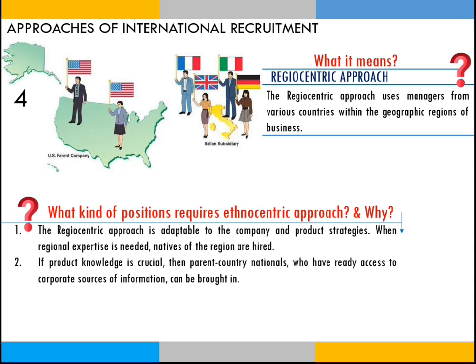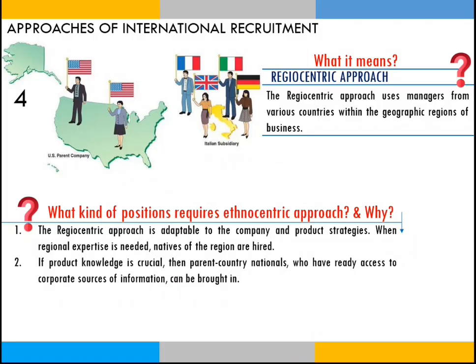So, the regiocentric approach uses managers from various countries within the geographic regions of business. If your business is spread across Asia, and you are establishing a new subsidiary in India, you don't mind hiring people in India who are from Asia, but not beyond that. So Asia is the region from where you are primarily hiring people.